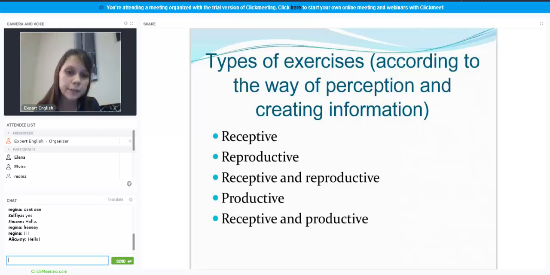Receptive and reproductive, when we have to do both activities at the same time, and productive, my most favorite one, when we have to produce real speech, real text, and other stuff. So firstly, let's speak about receptive exercises.